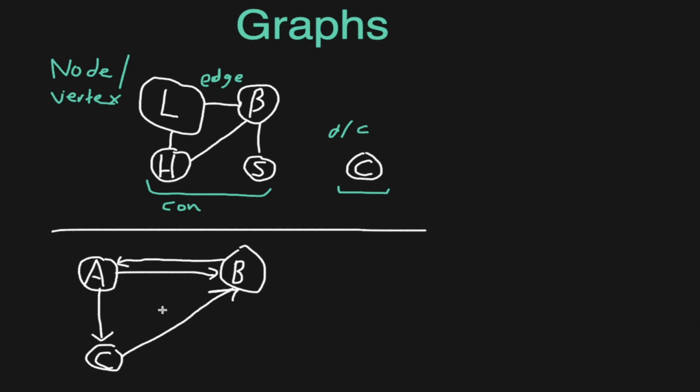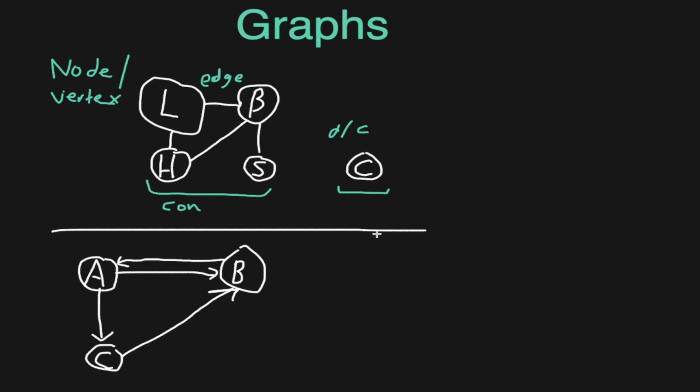And with that, we can use that information to be able to traverse through connections. So we can represent this in two different ways.